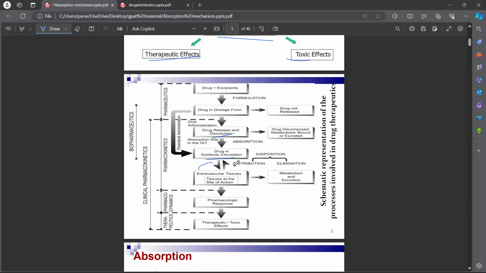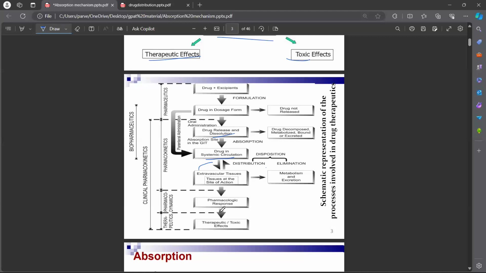Next, drug distribution and elimination, that is, metabolism and excretion. Distribution and elimination together are known as disposition. You have to remember, distribution plus elimination is known as disposition. Next, pharmacological response: therapeutic or toxic effects. Let us discuss one by one.